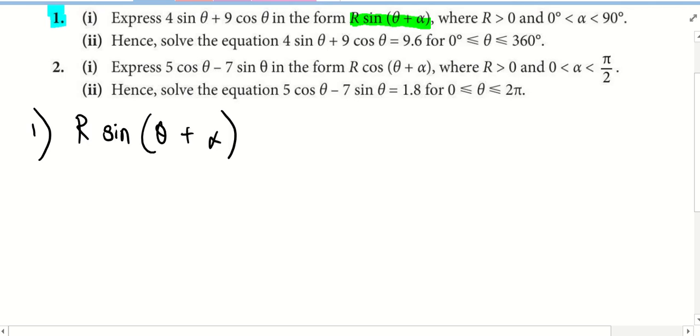Can you see that sine theta plus alpha? I can use the addition formula. Alright, now I want to use the addition formula. If I refer to the formula list, it should look like that.